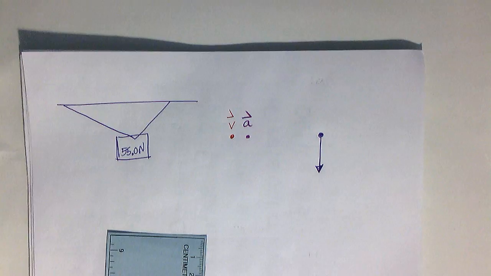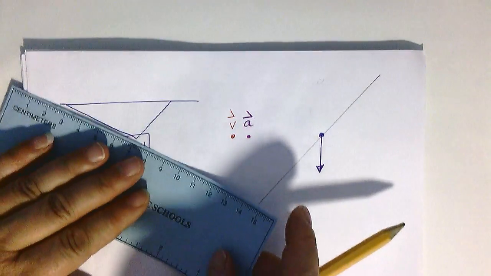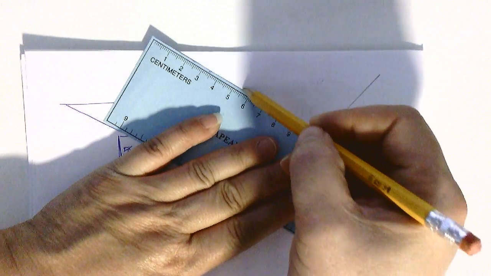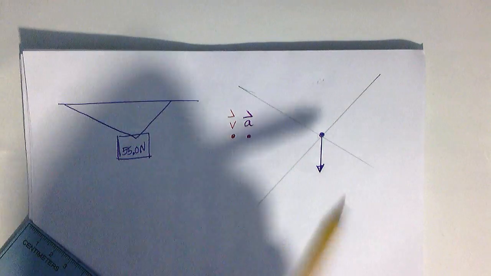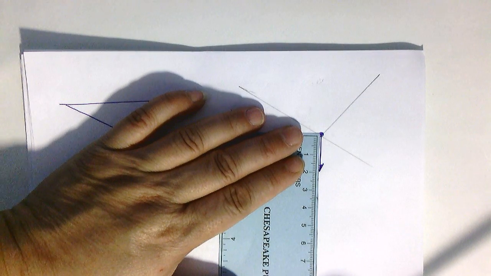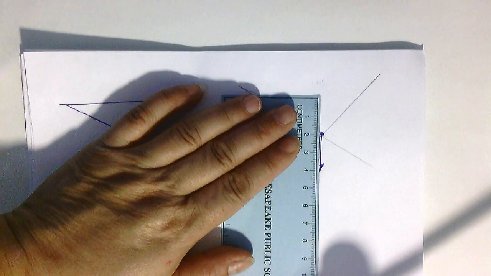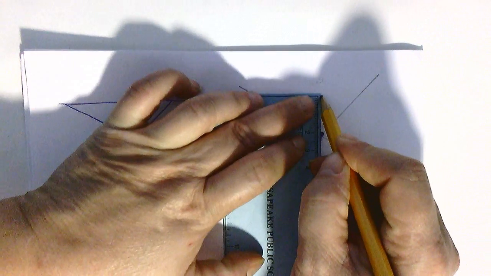Okay, so I'm going to use a pencil, and I'm just going to lightly draw in the rope. Okay, so there's my rope lines. Now, this is tricky, I'm going to take my weight, which I've made 2 centimeters long, and I'm going to go up 2 centimeters as a dashed line.